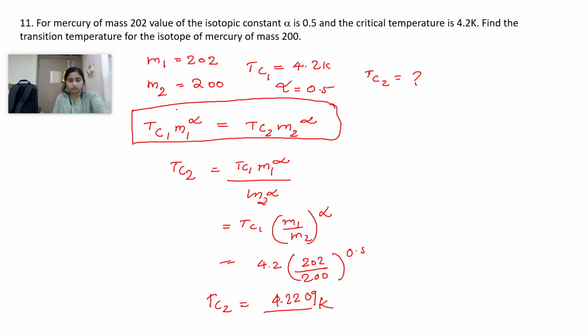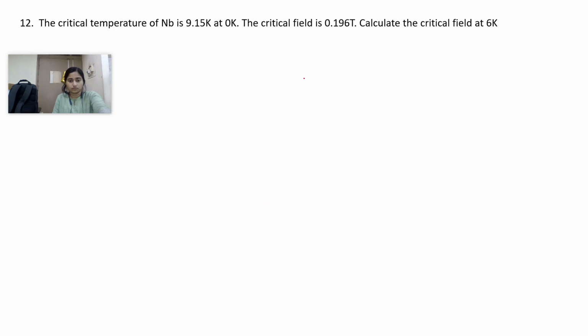In this case the formula is Tc1 m1 power alpha is equal to Tc2 m2 power alpha. Here alpha is the isotopic constant, so you have to remember what alpha is. Then you can solve the problem very easily. Now let us move to the next problem.